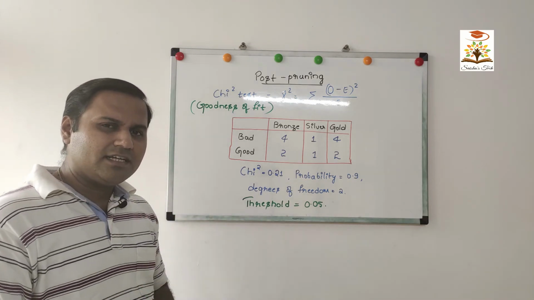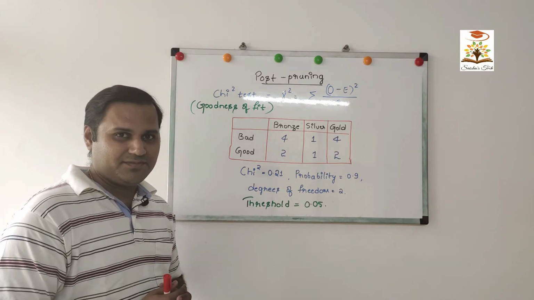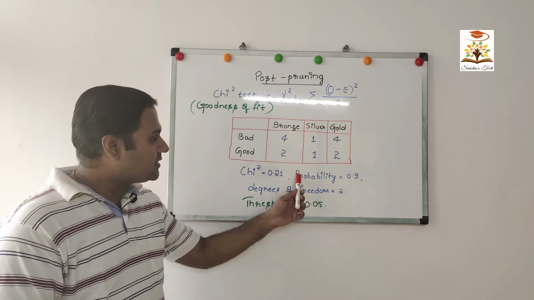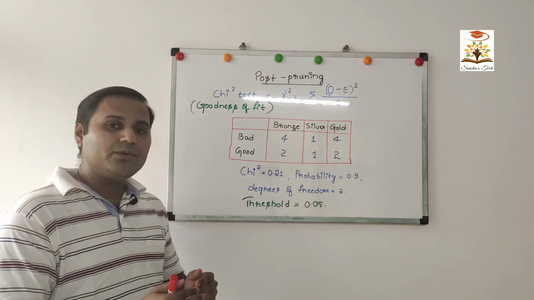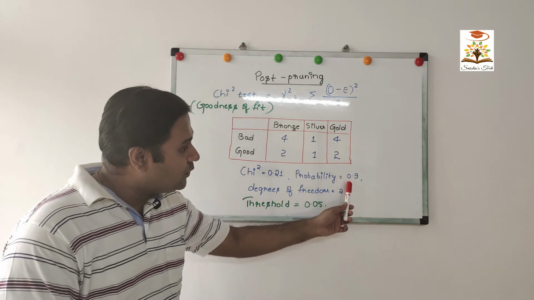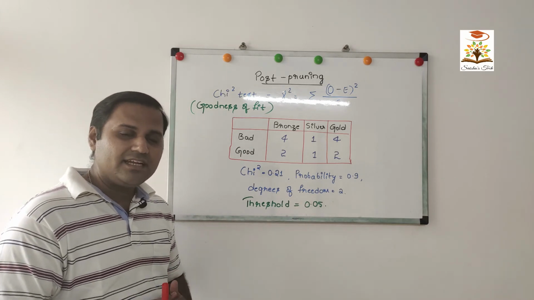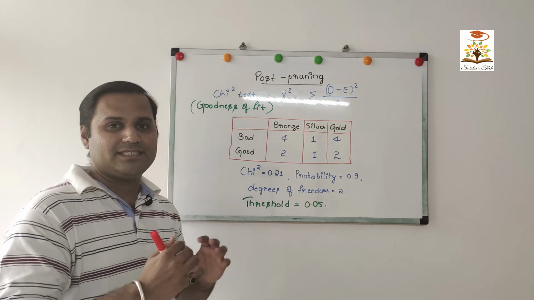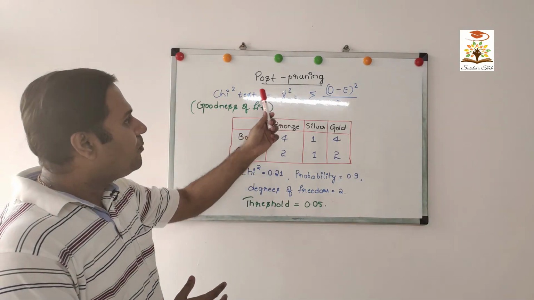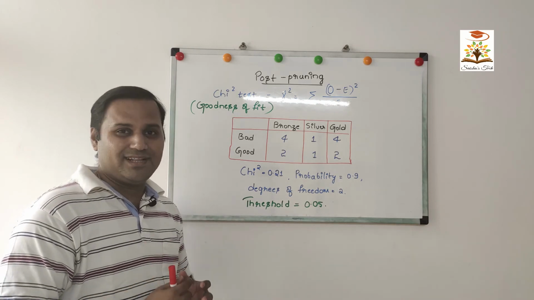Now, if we consider a 5% threshold, or the critical value as 5%, which is equal to 0.05, then for this frequency table, which has a probability of 0.9, we continue to build the tree. When the probability value becomes less than 0.05, we stop or prune the tree at that position. This is how we utilize the post-pruning technique to reduce the error in decision tree for overfitting models.